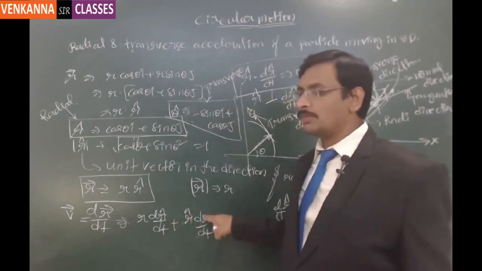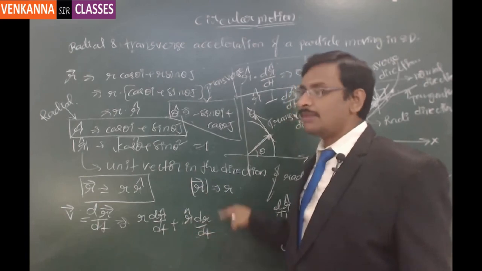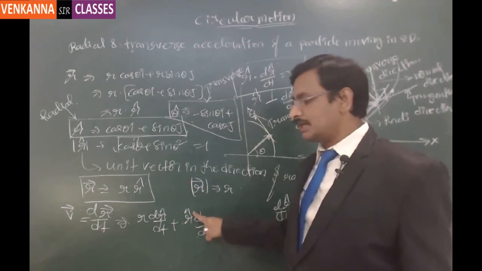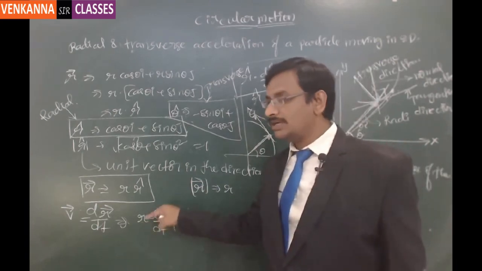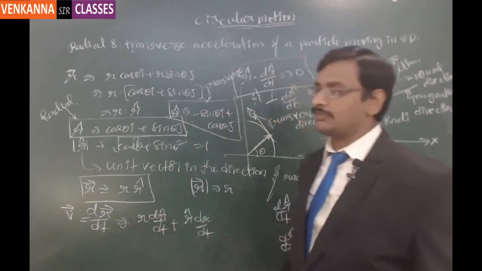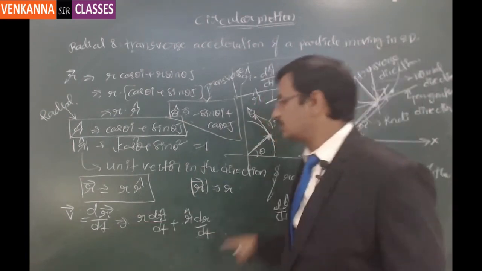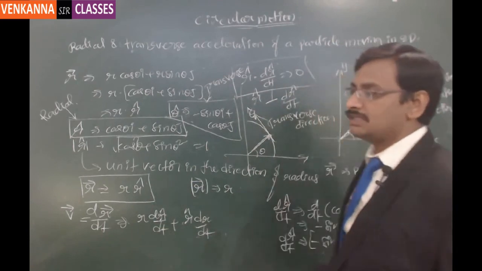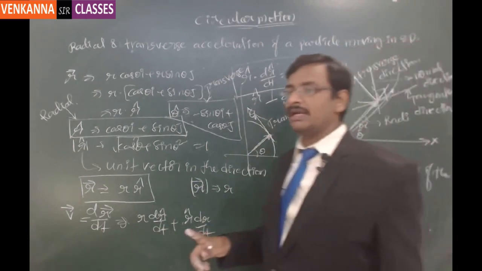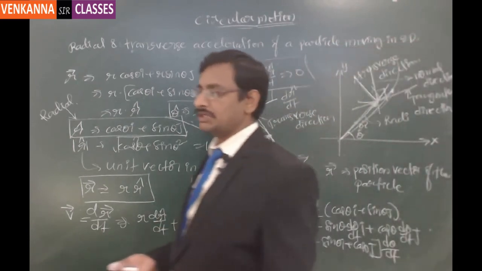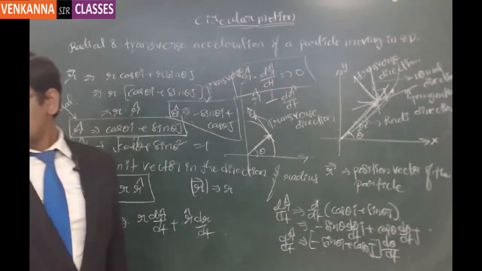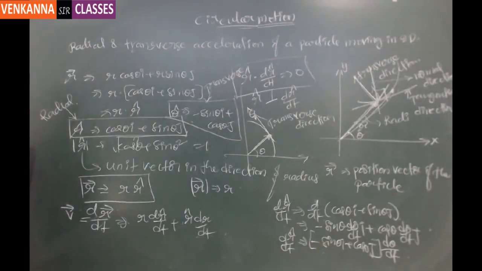And here r cap is the direction, where dr by dt is the magnitude, and here r into d theta by dt is the magnitude and theta cap is the direction. Hence from this relation we can make out the velocity in both directions, one is the radial and another is the transverse direction. Got it? Any questions on this?